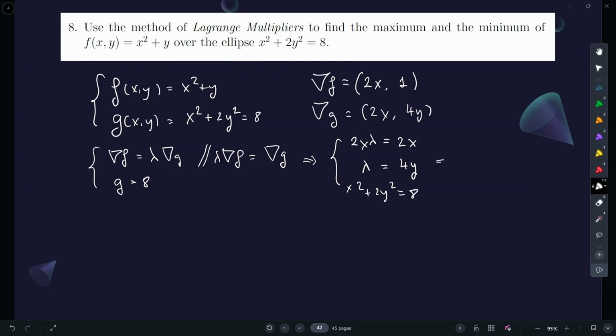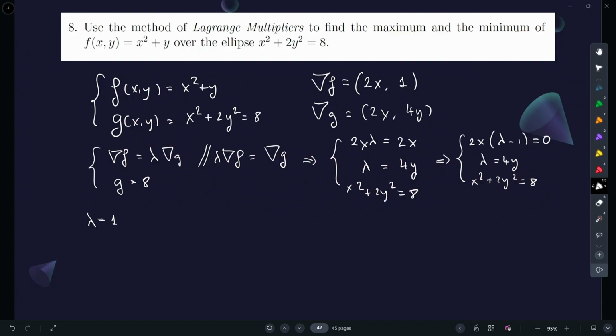The first equation tells me that I have 2x times lambda minus 1 equals 0, lambda has to be 4y, and x squared plus 2y squared is equal to 8. So now we have some cases, which is that I can have lambda equal to 1.